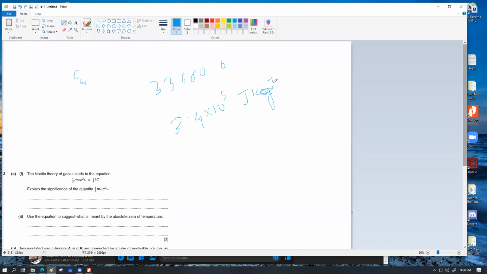B number 2. 1.3 kg of water at 20 degrees Celsius is mixed with 250 grams of ice at -5 degrees Celsius.